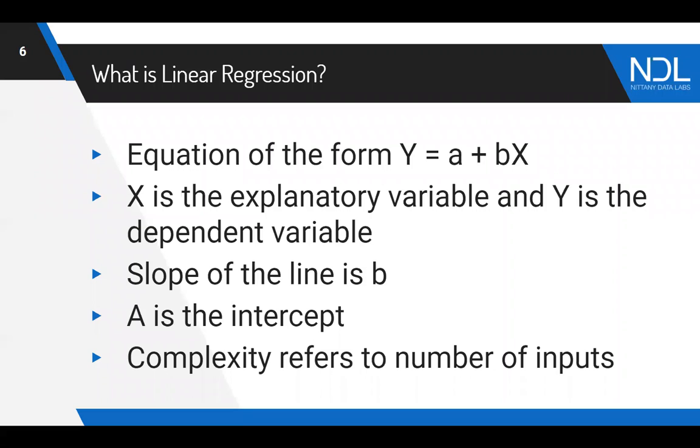This is very basic math that you've probably all learned. It's just a simple linear equation, and the complexity refers to the number of inputs. For example, with a house, the more variables you have, the more complex it's going to be.